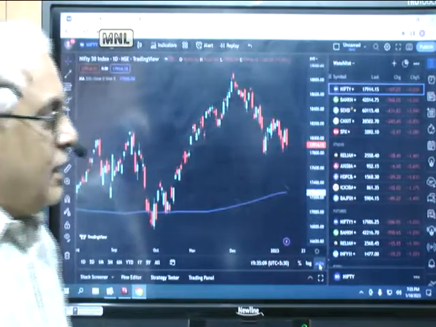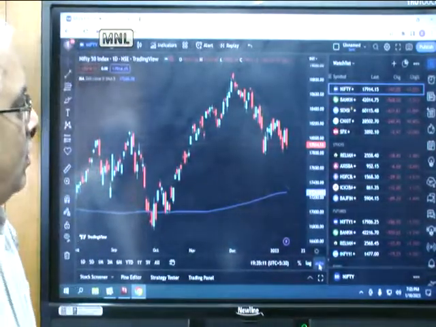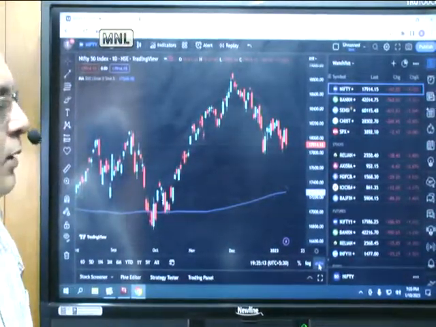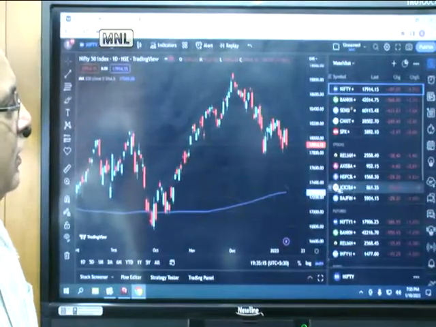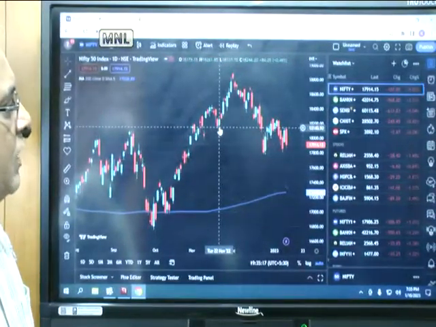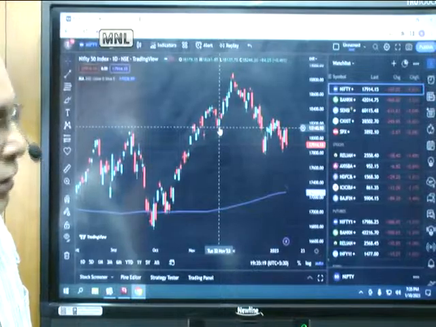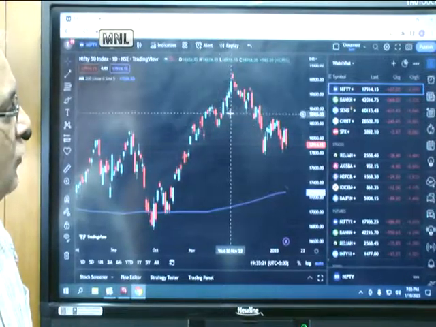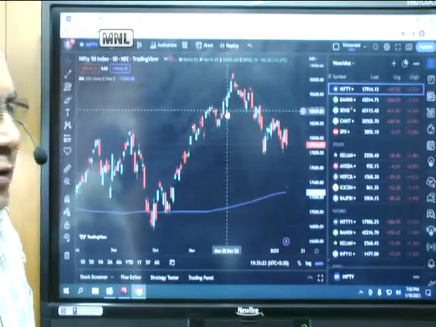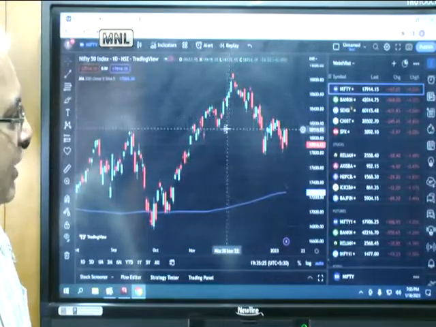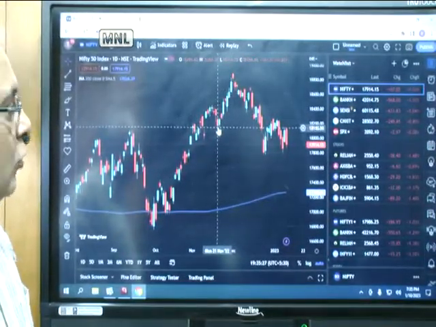Okay, so this is the daily chart. Now what I mean by this is, let us say either you take this as an important low, or you can take this as a low. Whichever one you feel is to be taken, you can take. Let us say I am taking this particular low.